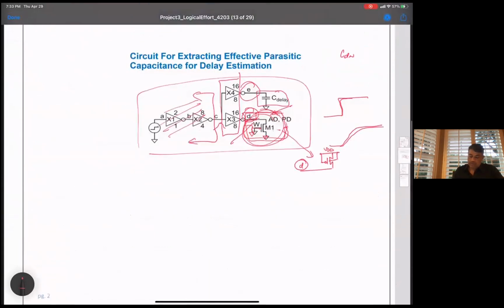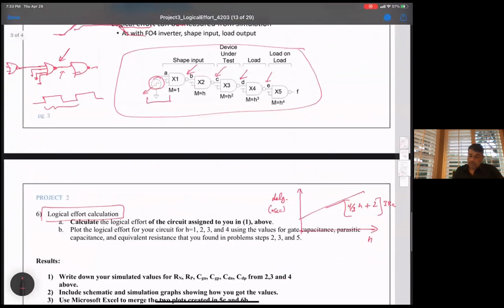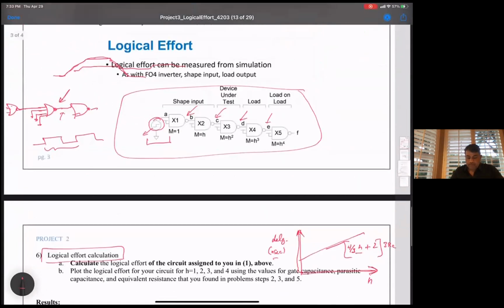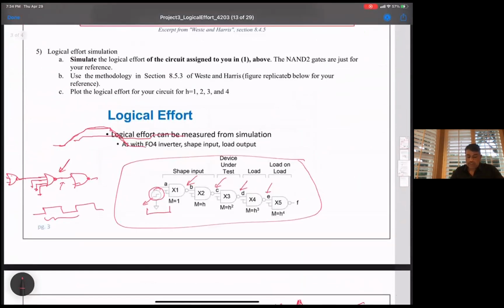So you'd actually get a table with various values of H and various values of delay for your circuit. If it was a 3-input NAND, it'd be a 5/3 and so on. So it's all the stuff that's in the table. Okay, so that's the hand calculation.